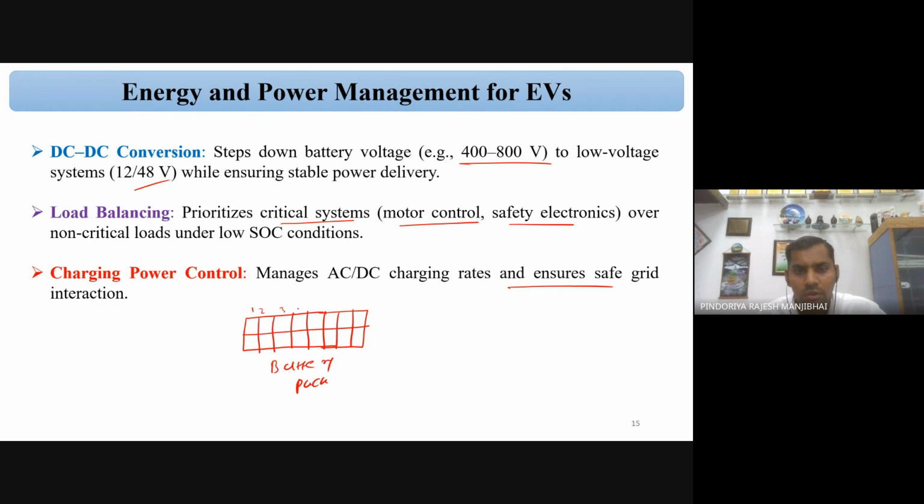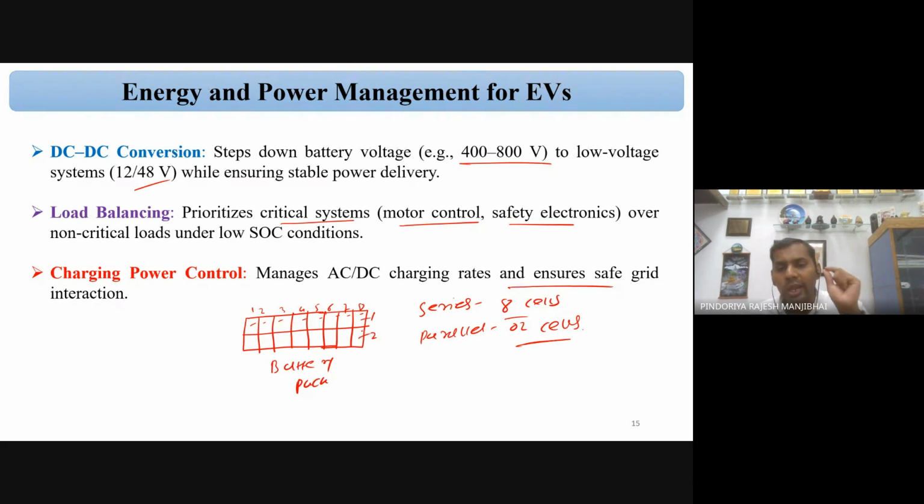One, two, three, four, five, six, seven, eight. So we can say 8 in series and 2 in parallel. Series is 8 cells, and in parallel there are 2 cells.